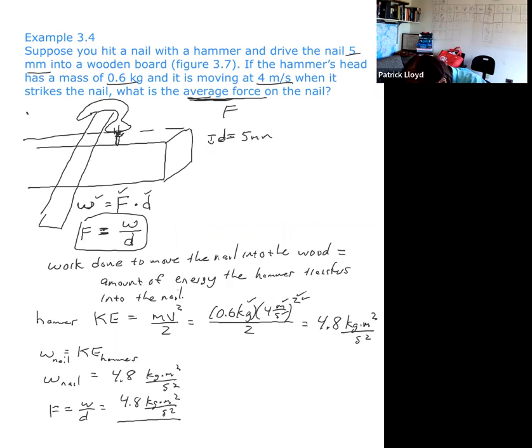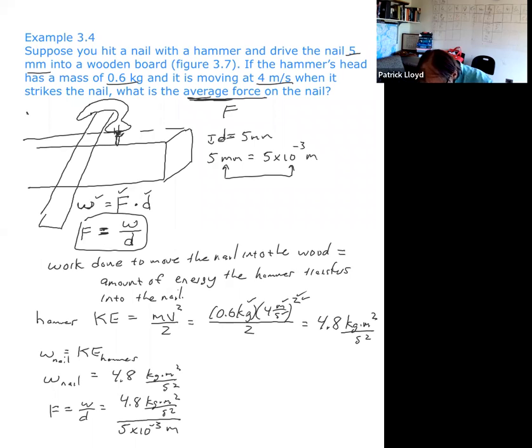Milli is 10 to the minus 3, so 5 millimeters is 5 times 10 to the minus 3 meters. Notice how often that material from chapter 1 comes up: milli, 10 to the minus 3; centi, 10 to the minus 2; deci, 10 to the minus 1; kilo, 10 to the 3; mega, 10 to the 6. So 5 times 10 to the minus 3 meters.